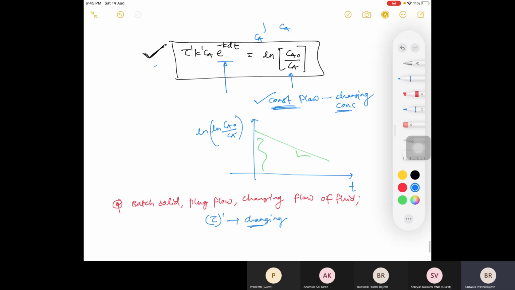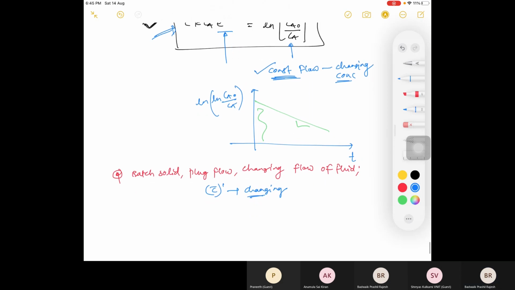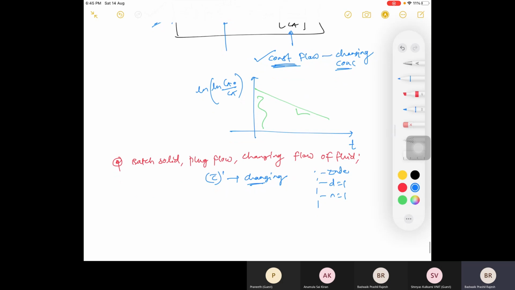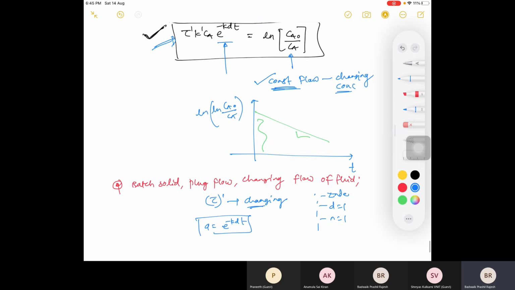So you will get this equation as it is, because I am considering the same assumption: independent deactivation, order of deactivation is 1, n is equals to 1. So I'll be having A is equals to e power minus of kd into t, and using that you can find out this equation.